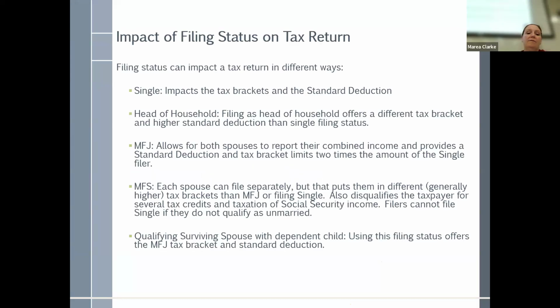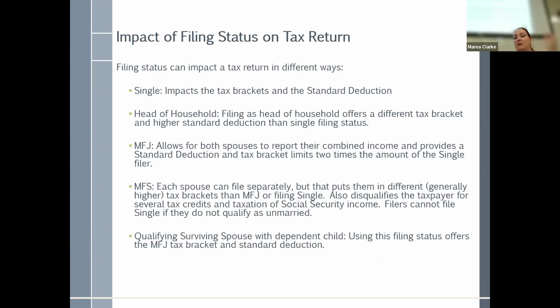All right. Filing status can have an impact on a tax return in a couple of ways. It impacts your tax brackets, your deductions, and how much credit you can claim or what credits you're able to claim. Head of household gives you a different tax bracket and a higher standard deduction.